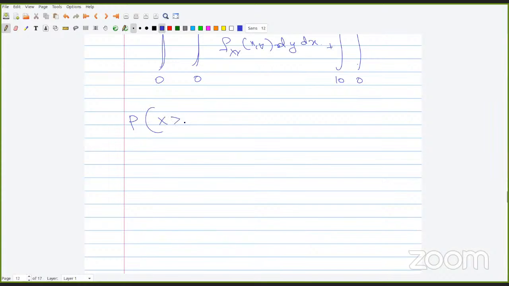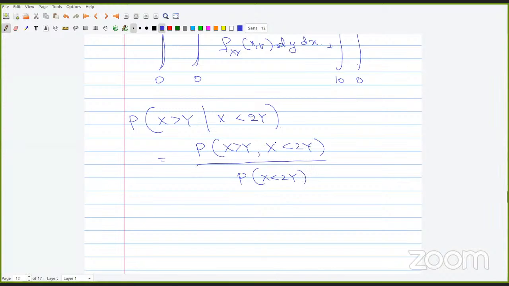So the probability that x is greater than y, given that x is actually less than 2y. Okay. So this is a conditional probability. So this will be equal to joint divided by marginal. Correct? So this will be the probability that x is greater than y and x is less than 2y divided by the probability that x is less than 2y.